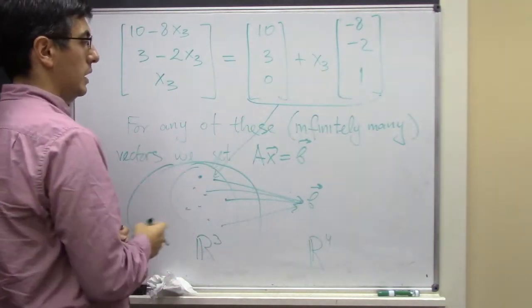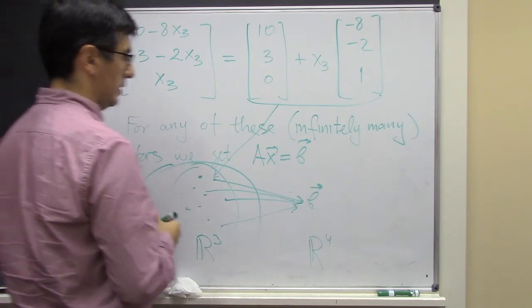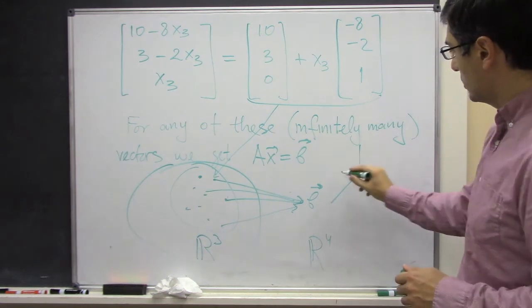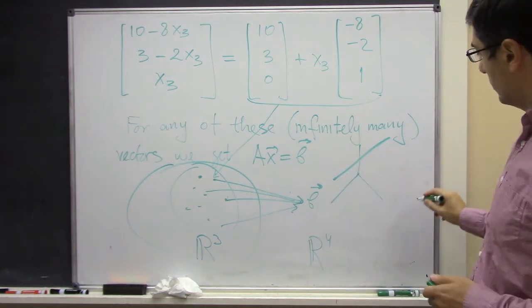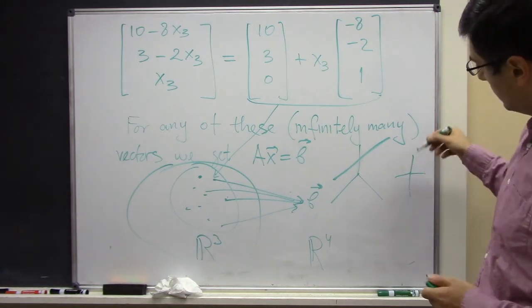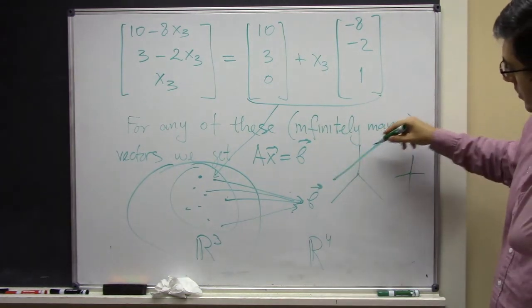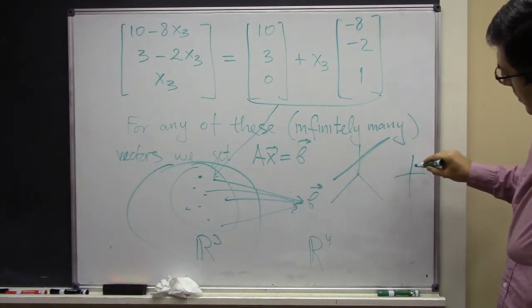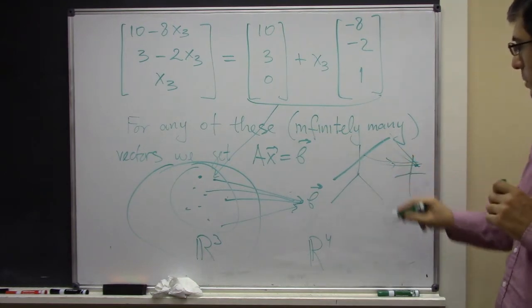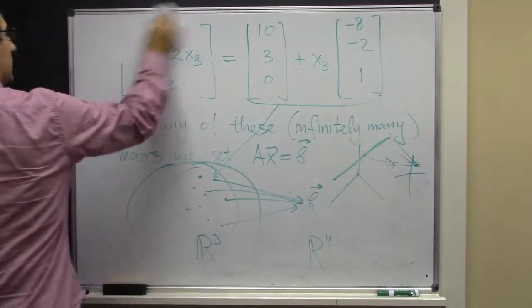All points on the line map to the same point in R4. Maybe a different picture, not a schematic but the actual geometric picture: you have a line, and in R4 you have 4 directions, so you can visualize this as 4 axes, and under this linear transformation everything here maps to the same point. This is a really bad picture, but technically it's correct.